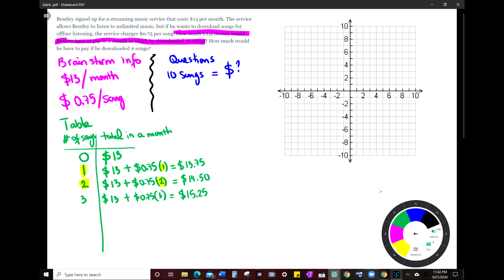Okay, and so on. I have number 4, and at this time you guys should know the pattern: I take 75 cents times 4 and then add it to the monthly payment, which is $13. So the total will be $16.